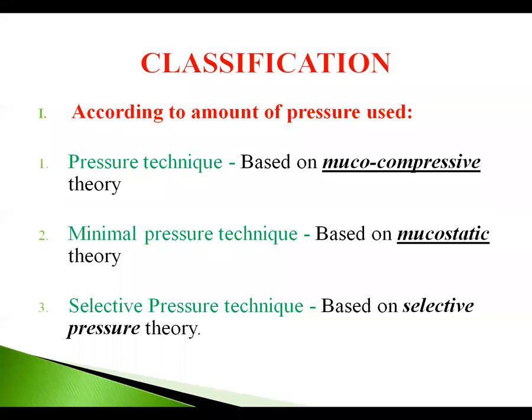First, according to the amount of pressure, that means how we pressurize the tissue while recording the impression. The first one is the pressure technique based on the mucocompressive theory. The second one is the minimal pressure technique based on the mucostatic theory. And the third one is the selective pressure technique, based on the selective pressure theory.